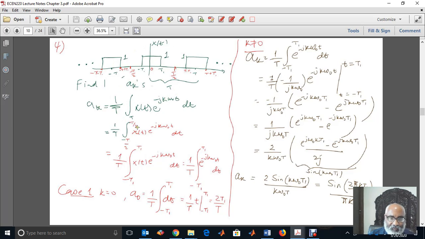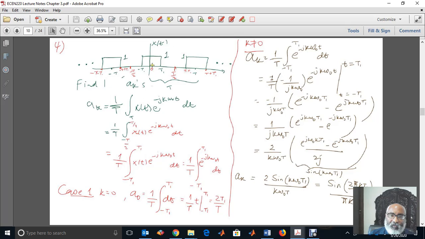a_k, this is the formula: 1 over T, integrate over 1 period x of t times e raised to minus j k omega naught t, dt. Now we can select one period here, let's say from minus T over 2 to T over 2 for the interval of integration.